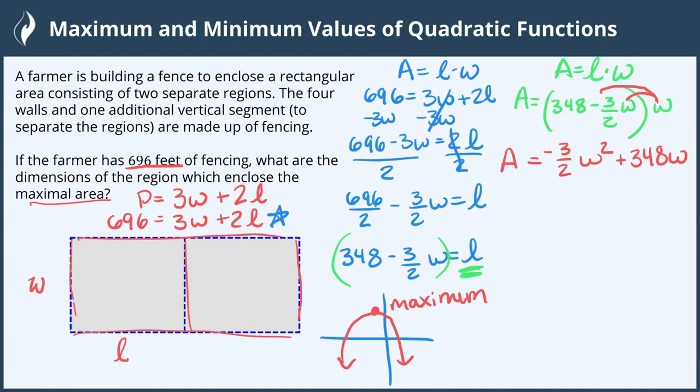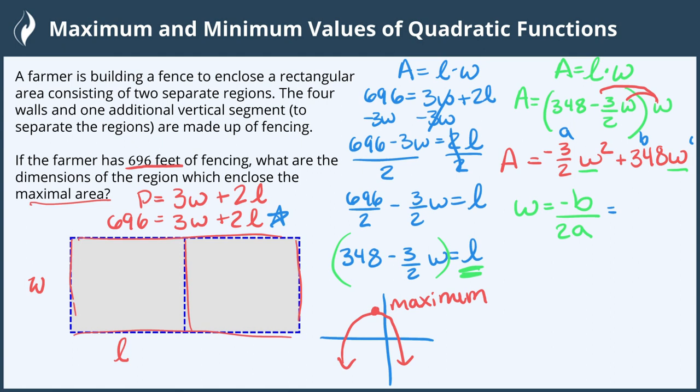To find that, we use our shortened condensed version of the quadratic formula, which is x equals negative b over 2a. However, in this case, I'm not working with the variable of x, I'm working with the variable of w. So it's w equals negative b over 2a. A, B, and C were given to us right here. C is 0, but we don't need it in this case.